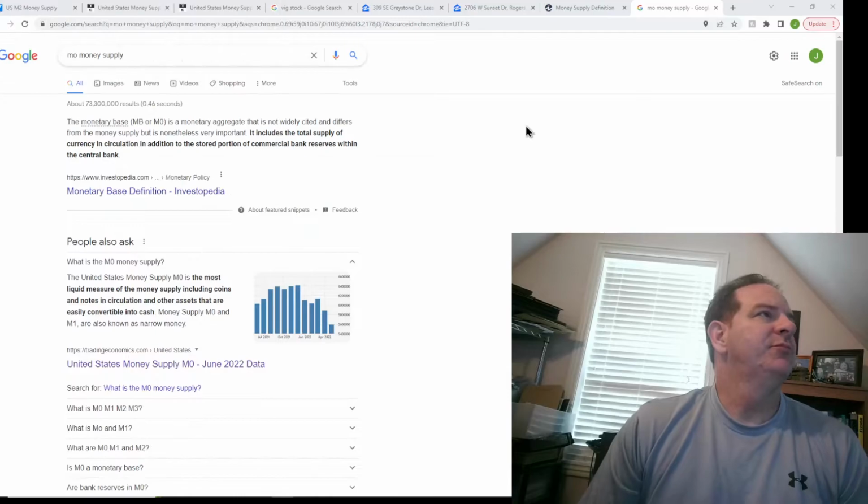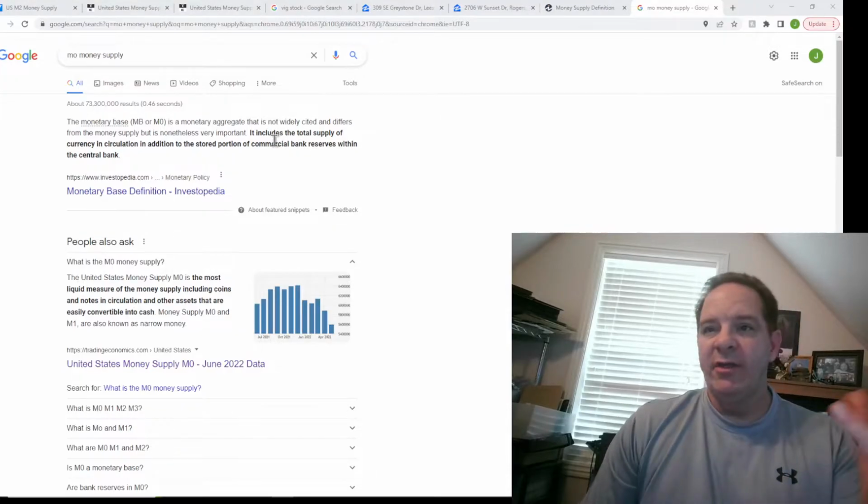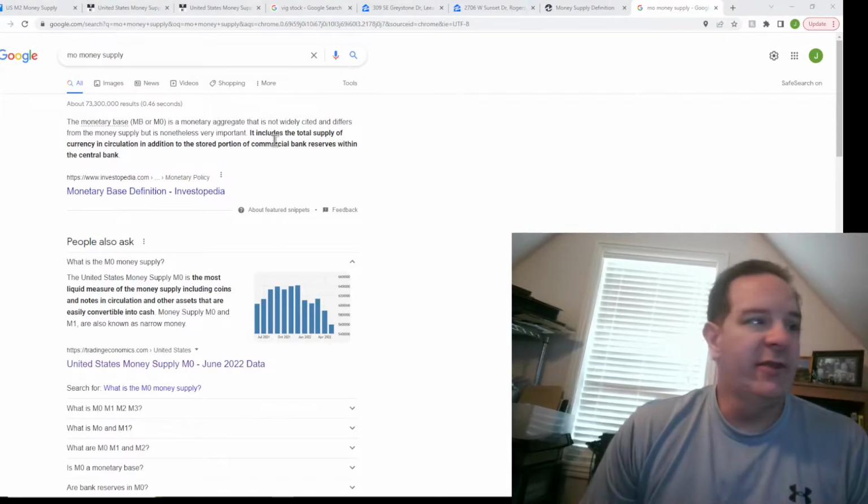And we're going to start at the M0 money supply. M0 money supply is cash and liquid assets, things in the bank and currencies, things like that. Things that are easily spendable.